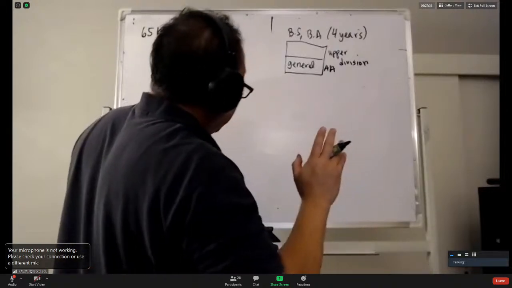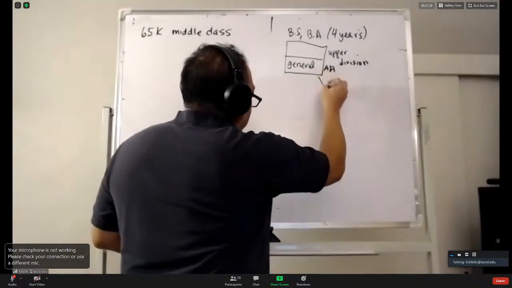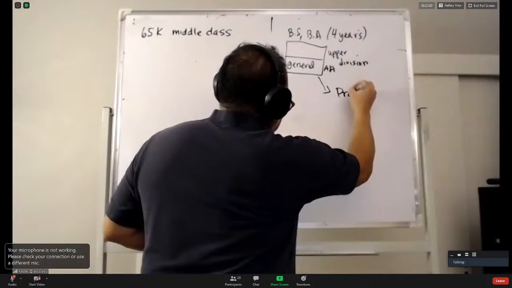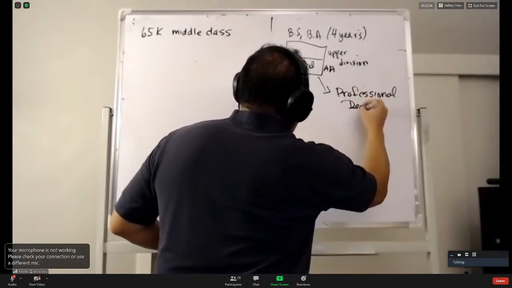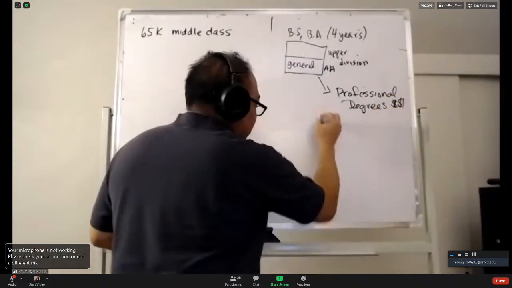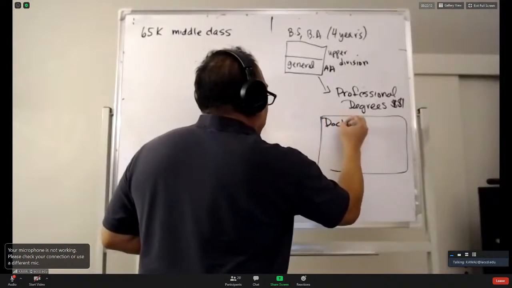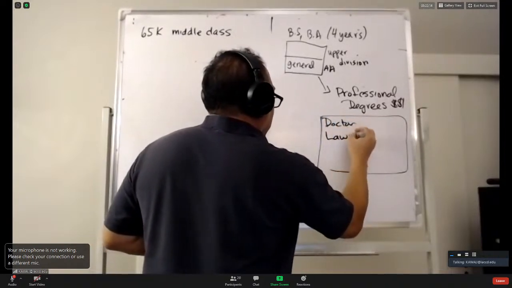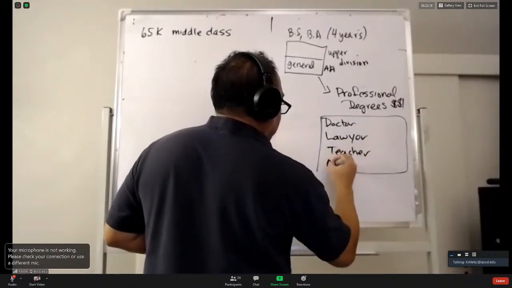Okay. Now, the next thing are professional degrees. Generally, professional degrees are expensive. You can get a scholarship, but they're usually expensive. They're a doctor, lawyer, teacher, nurse practitioner.